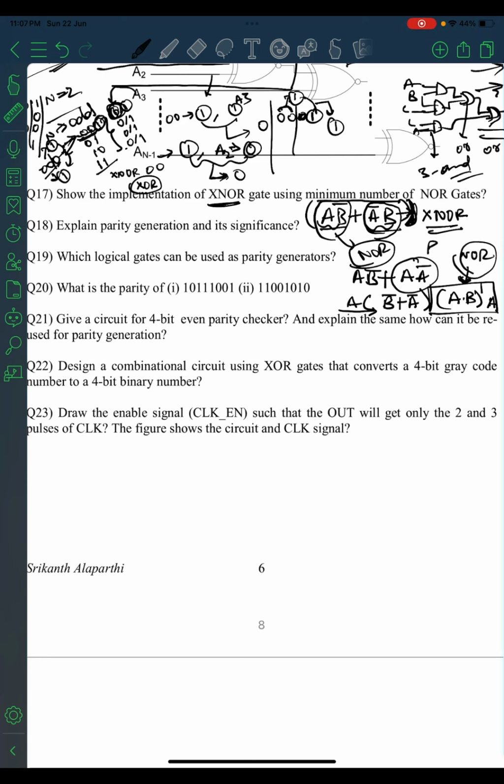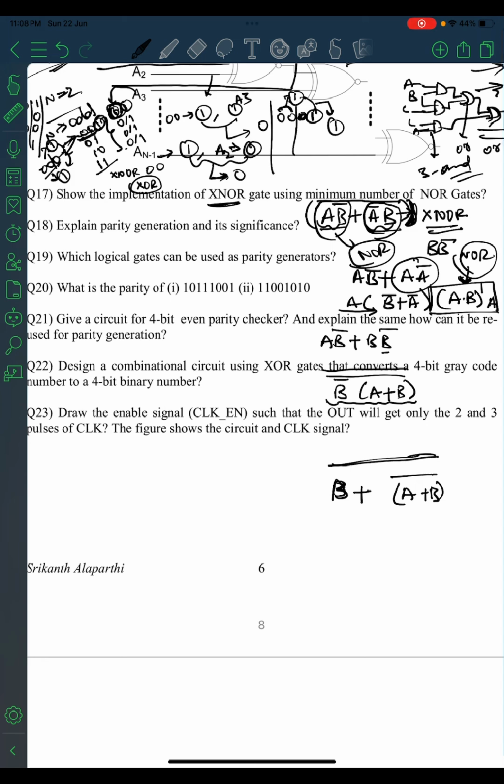So using B bar: A B bar plus B bar. Now if you take B bar outside, what you will get is A plus B, right? If you look at this carefully, apply two complements, which is basically the same. Now what we'll get is B plus A plus B, whole complement, whole bar, by using De Morgan's theorem. This is what we are getting over here.